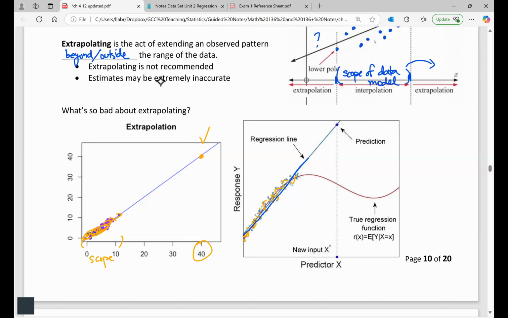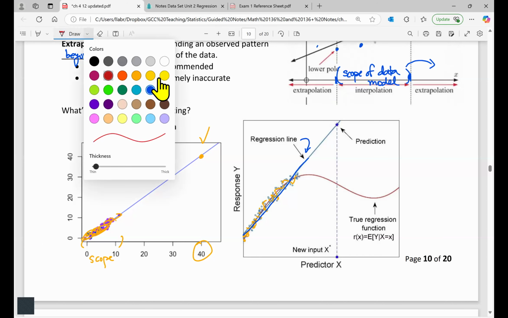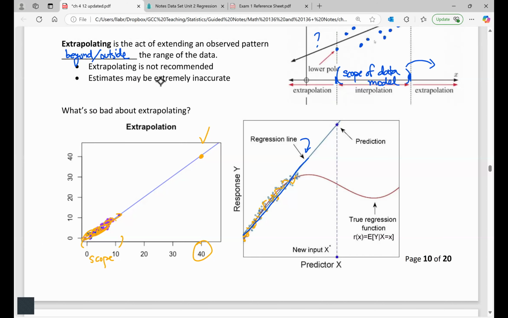That's the regression line that I observed. And notice that that line does a pretty good job of summarizing all of the data that was observed. But unfortunately, it could be that the true actual function or the true pattern of the data is this red curve, like this. So that could be the true pattern that the data follows.